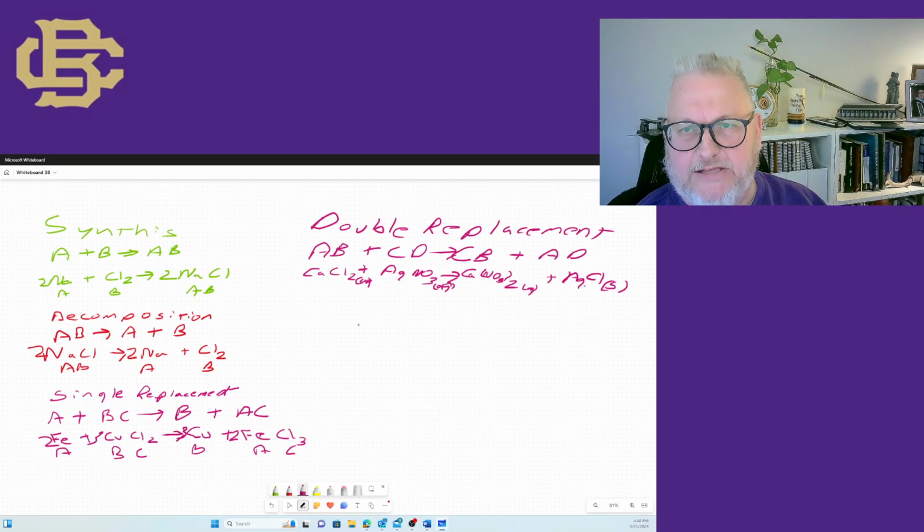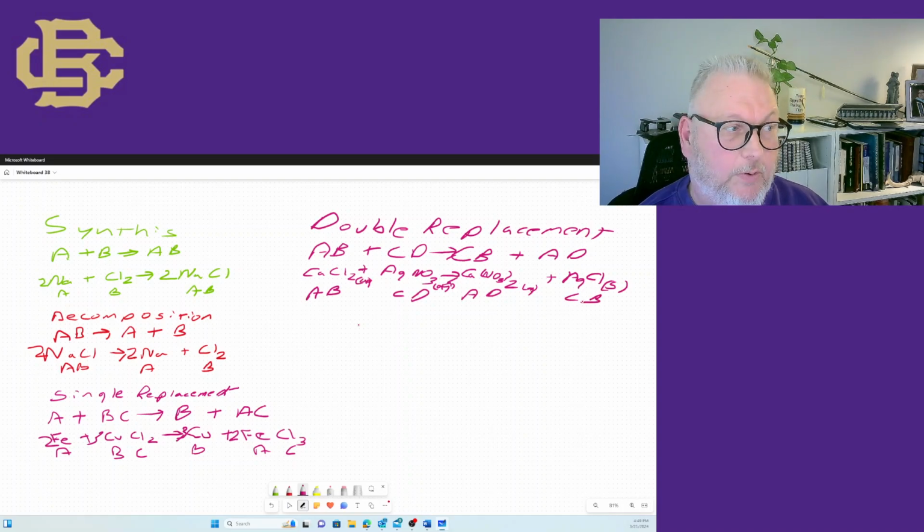They switch up dancing with nitrate and chlorine. So AB, calcium being the A, chlorine being the B, dance with C and D. Silver being the C, they decide they switch up. So calcium dances with the D, nitrate, and then silver, the C, dances with the B. So that's the double replacement.